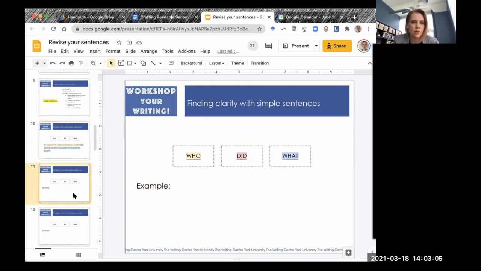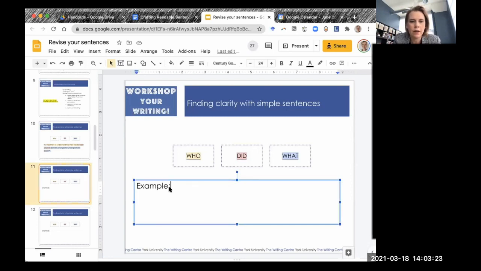Okay, so let's workshop some of the sentence examples that you guys have offered us. Let's take this one. Oh yeah, I forgot that you can't copy and paste out of Zoom chat.